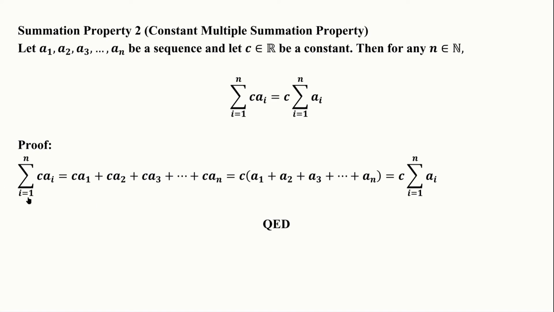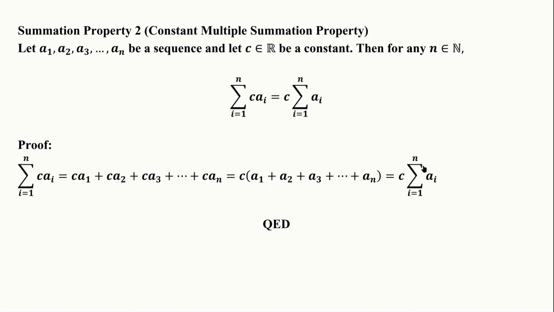So here we have the sum from i equals 1 to n of c a_i, right? That means what? Well, run through the values of i, right? So c a_1 plus c a_2 plus c a_3 all the way to what? c a_n. Now go ahead and factor out a c. That leaves you what? a_1 plus a_2 plus a_3 plus a_n, etc. Well, what is this sum?